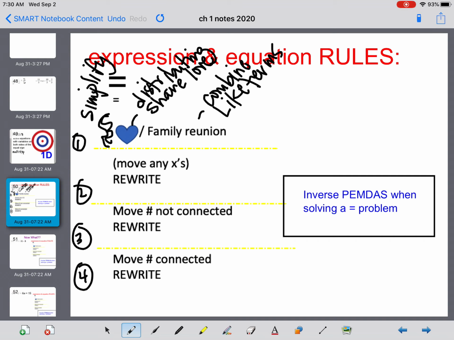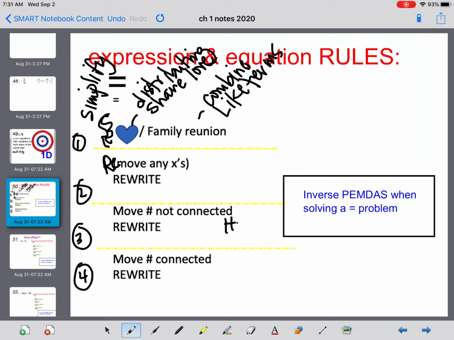The next thing that we're going to do today is remove one of the x's. So I'm going to have x's on both sides of the equal sign, and I'm going to figure out which one I don't want and get rid of it. Okay, so that's what we're going to do next.